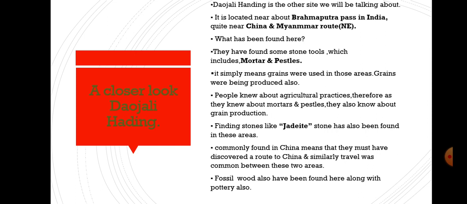That means people used to travel. The people of Daojali Hading or the people of these areas used to travel to China to find stones like jadeite. It is a fine quality stone which is used for making stone tools.